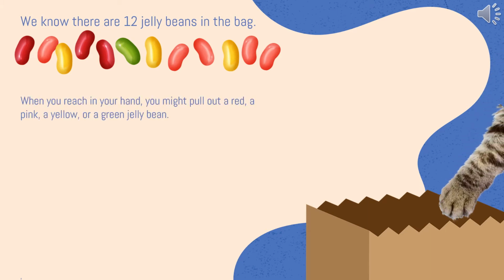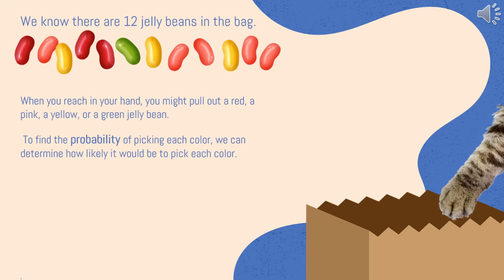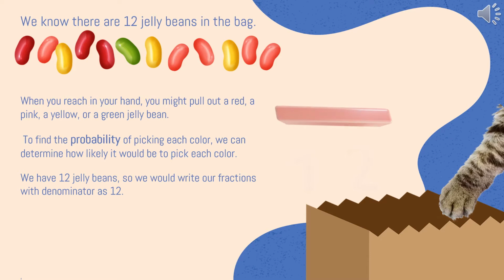When you reach in your hand, you might pull out a red, a pink, a yellow, or a green jelly bean. To find the probability of picking each color, we can determine how likely it would be to pick a color. We have 12 jelly beans, so we would write our fractions with denominator as 12, like this.